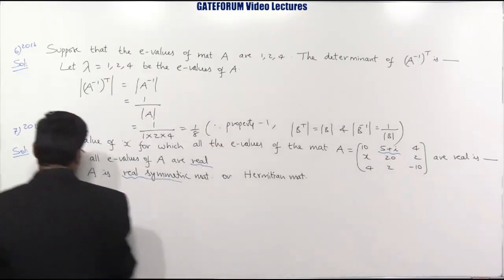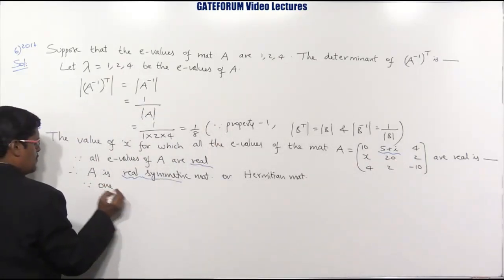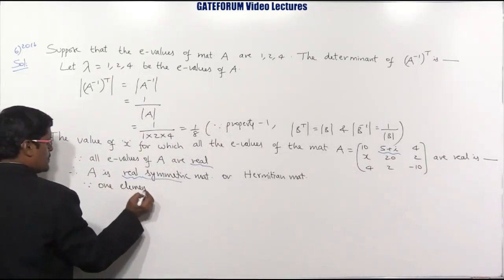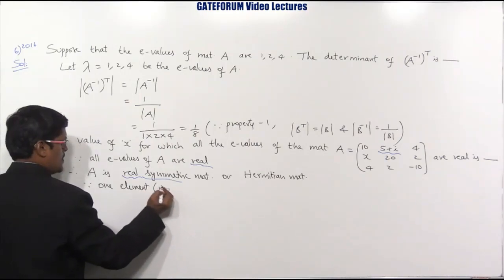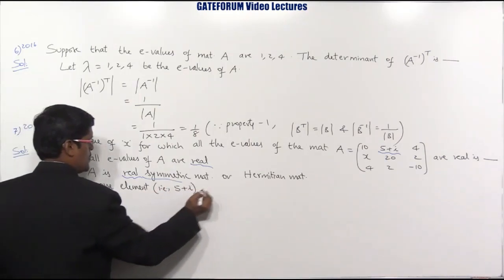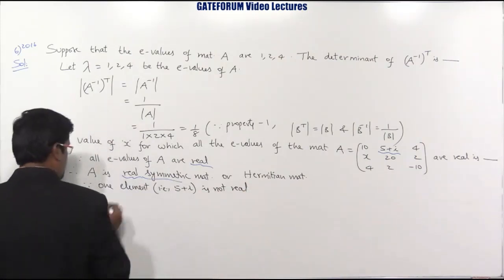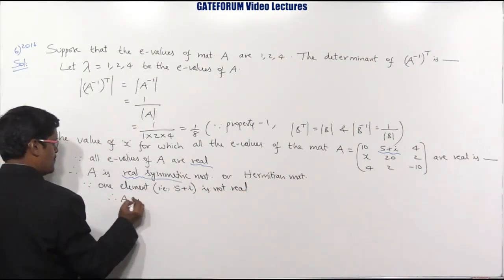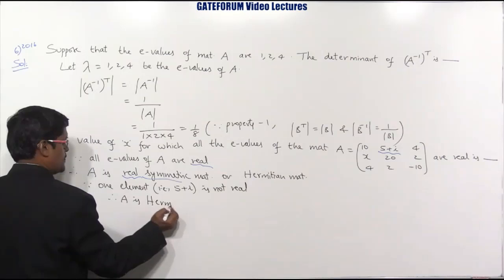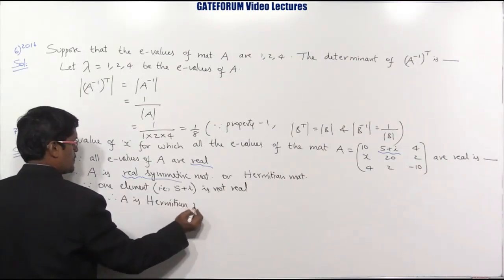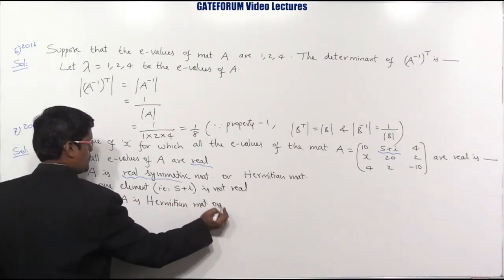Since one element, that is 5 plus i, is not real, therefore A is a Hermitian matrix only.